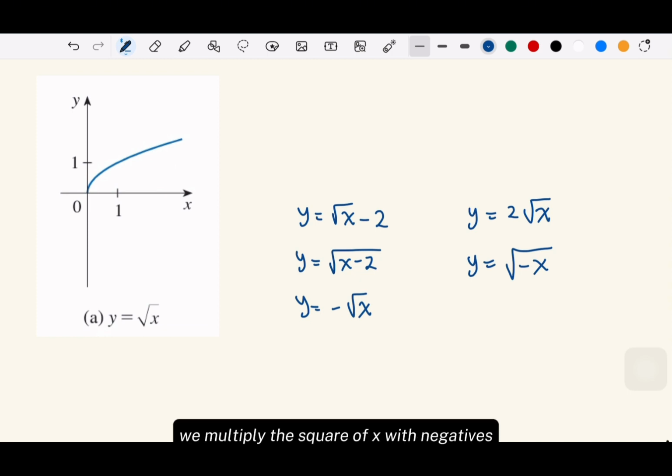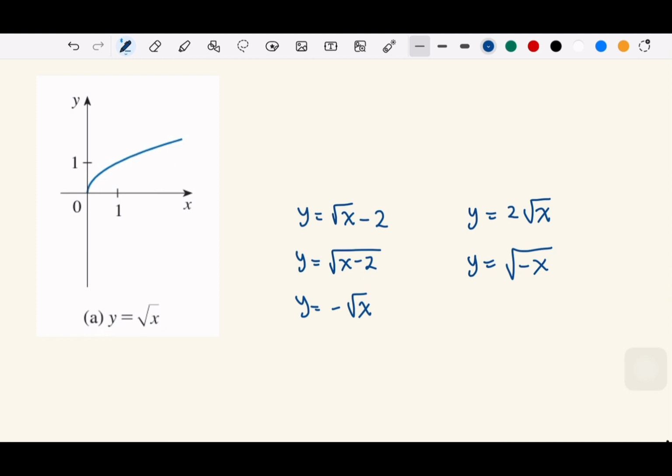We multiply the square root of x with negative. What kind of graph do we have? Is it moving or stretching or reflecting? Reflecting. Where? To the left or to the bottom? To the downside, right? Okay.